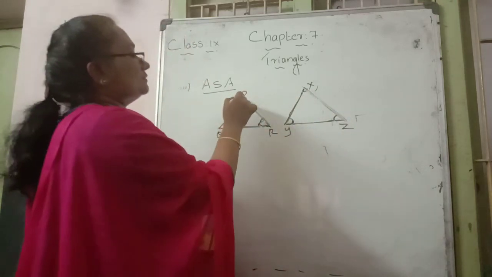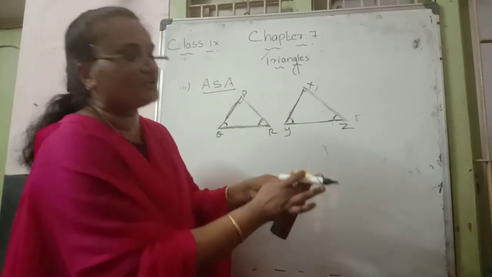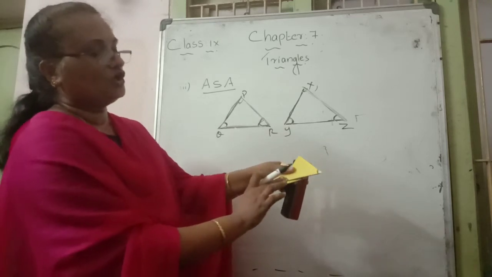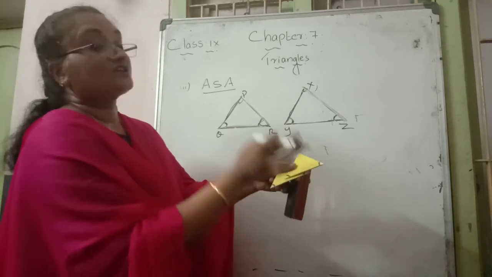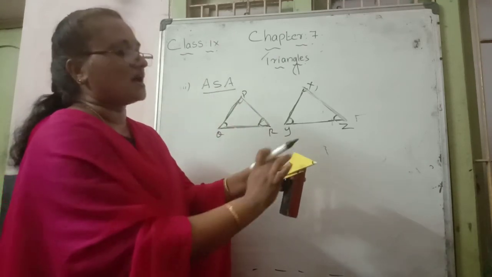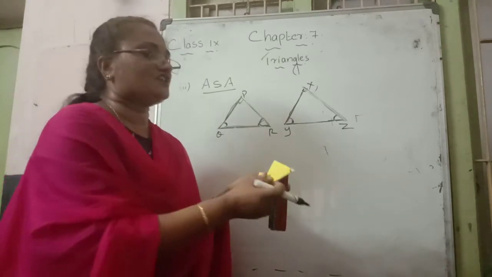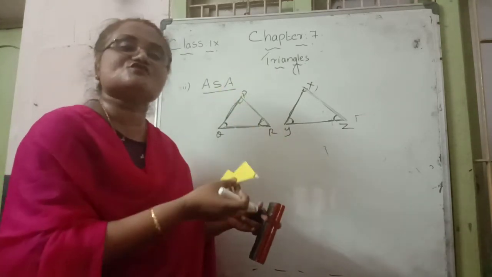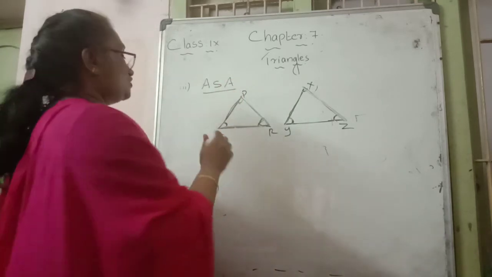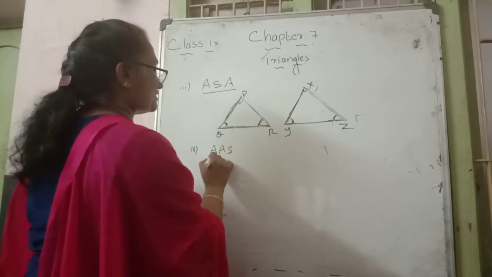So two angles and the included side of the first triangle are equal to the corresponding two angles and included side. That word corresponding is very important. Then we can say this triangle satisfies which property? ASA property.